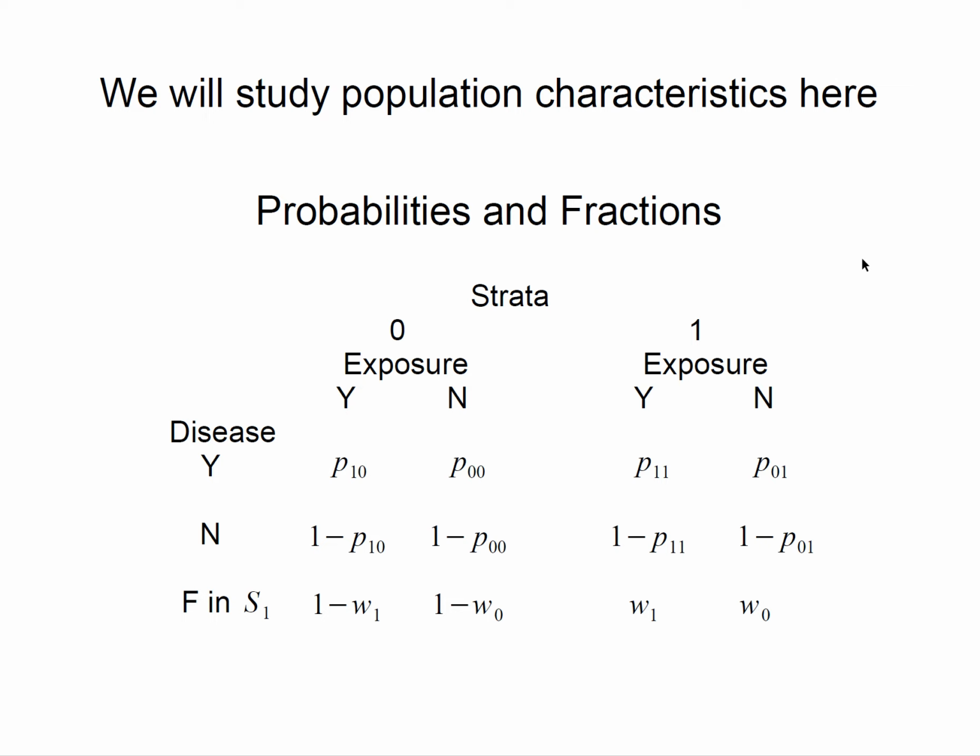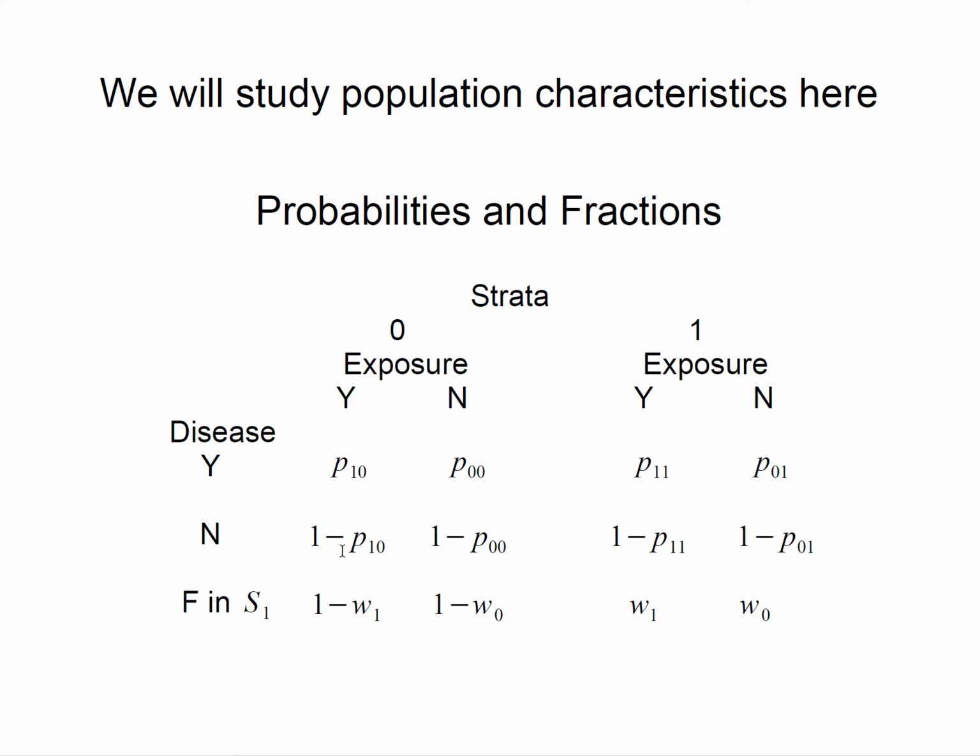Just for example, let's suppose we are looking in strata 0, and we wish to discuss the probability of disease for those that are exposed. Then that probability, which is labeled P10 here, is the probability that a person in strata 0 that has exposure has the disease.